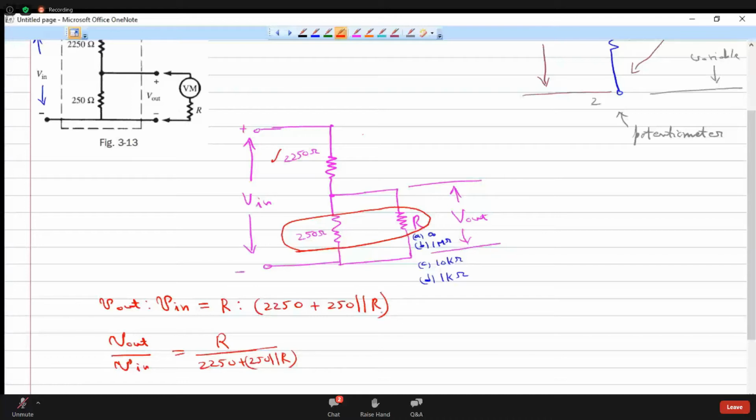So first case is when R is equal to infinity. So what happens when R goes to infinity?